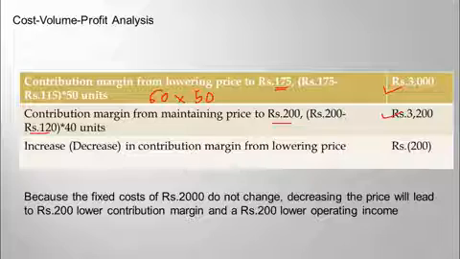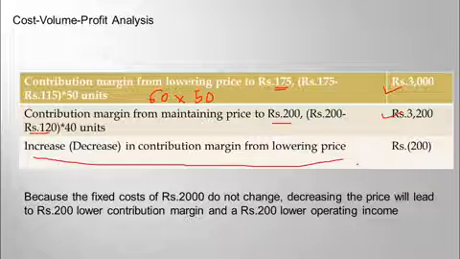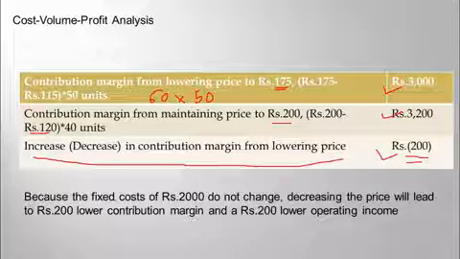Now, the increase or decrease in contribution margin from lowering prices. What is the change due to the decrease in selling price? The contribution has reduced by rupees 200. It means that because the fixed cost of rupees 2000 does not change, the decrease in the price will lead to 200 lower contribution margin and 200 lower operating income.